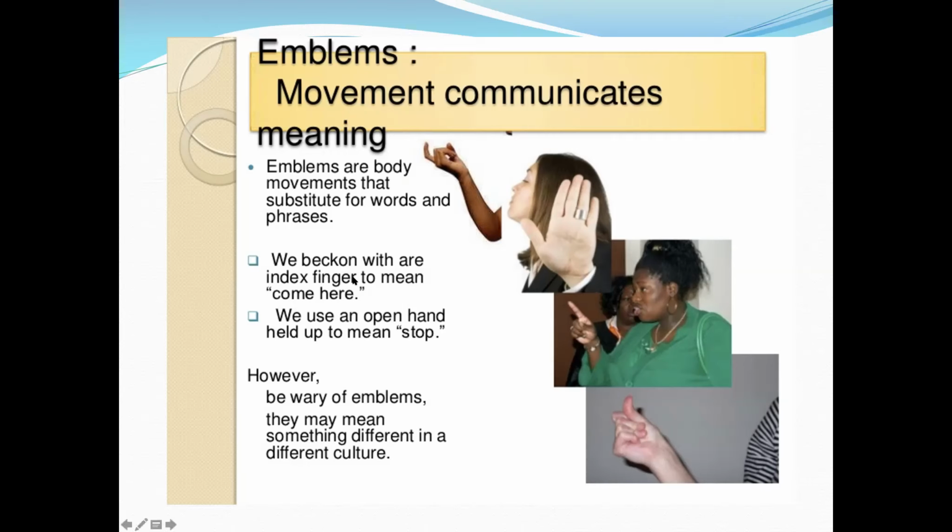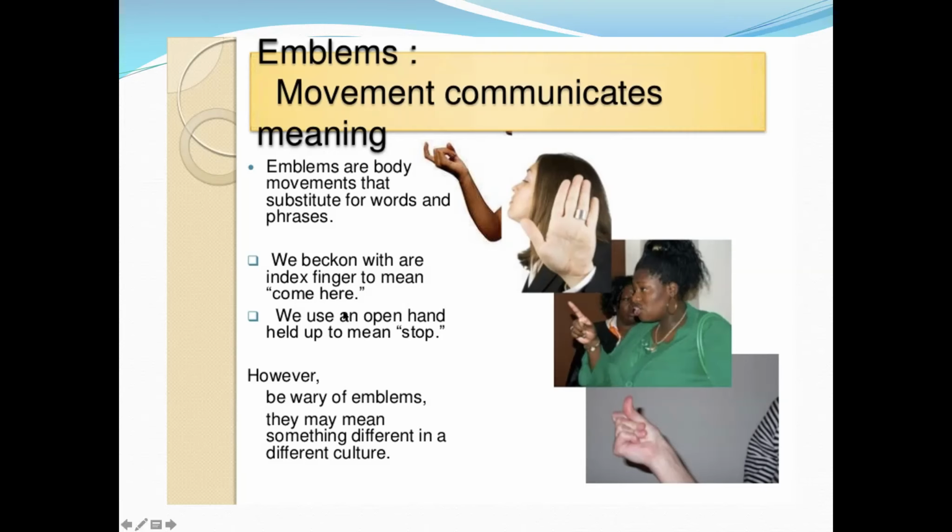Emblems, we beckon with our index finger to mean come here, like this. It's not a movement in the picture, but you move this finger up and down, right? That means come here, right? What about this?